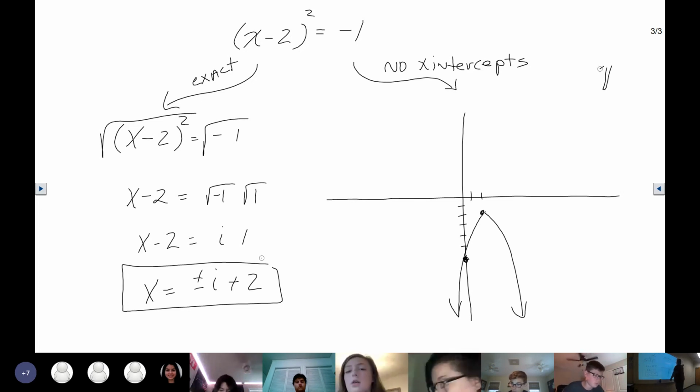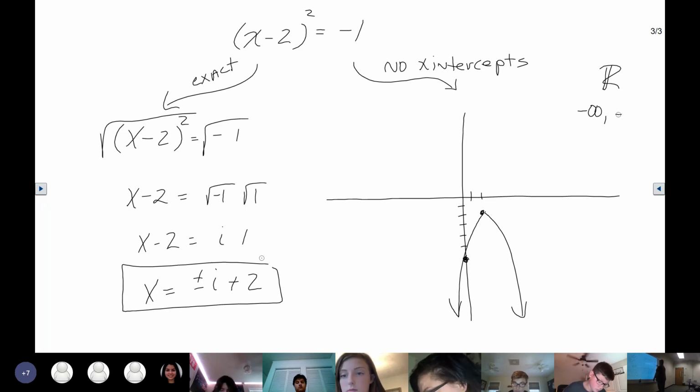All real numbers is the domain. -infinity to -2 is our range.